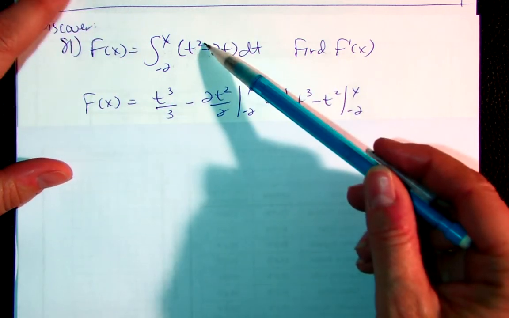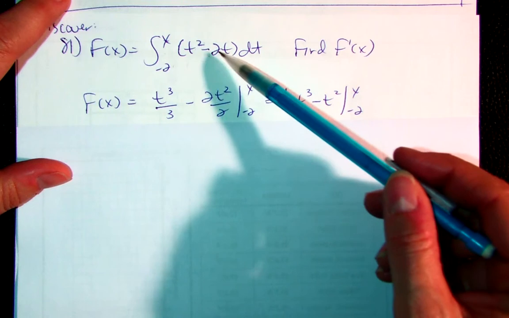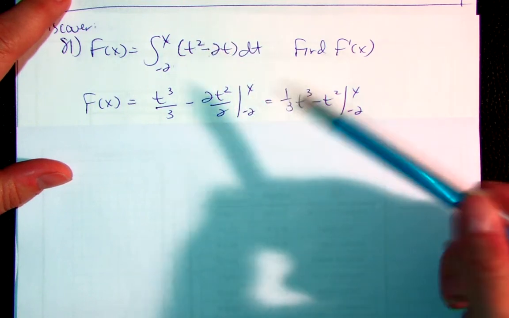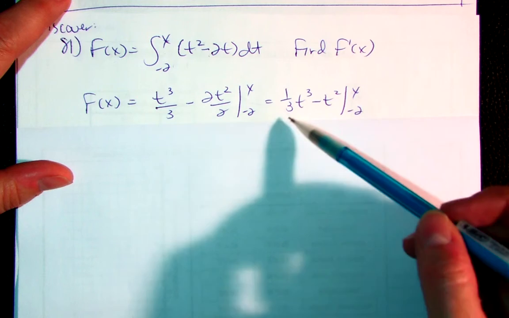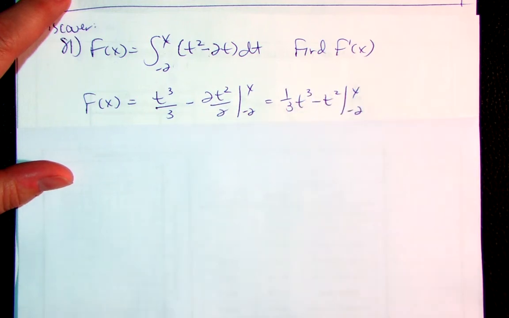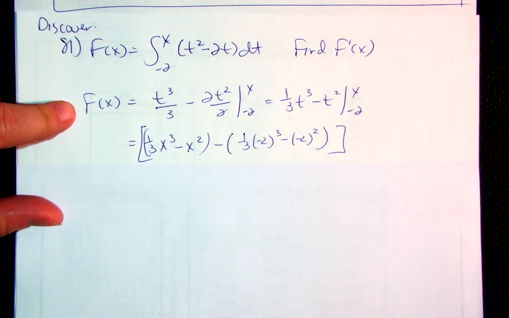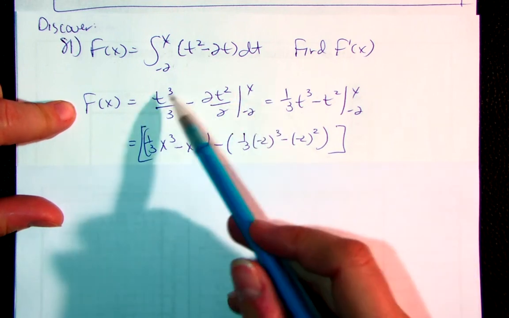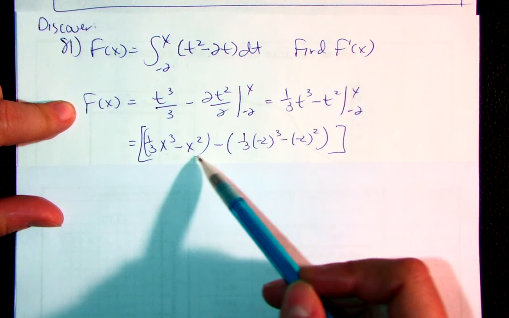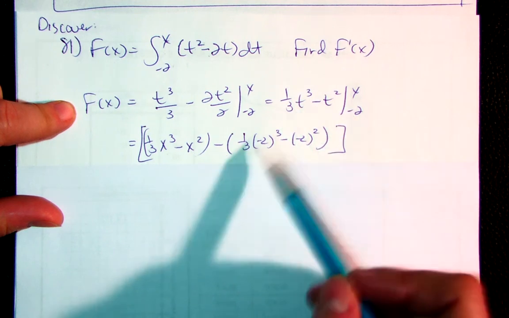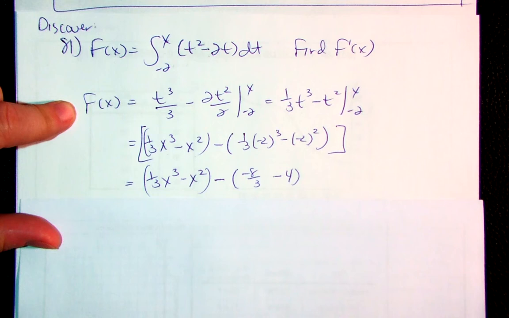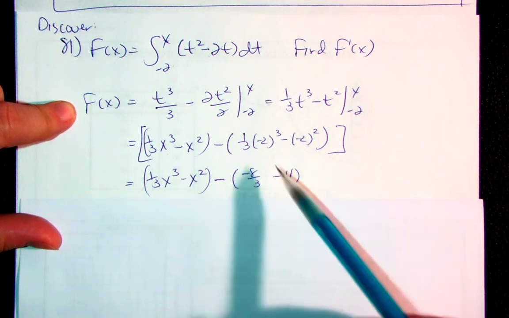I raise the power and divide by that power, minus I raise that power and divide by that power, from x to negative 2. I simplified it: 1/3 t cubed minus t squared from x to negative 2. Now I put in x here, minus, now I'm going to put in negative 2, and then I continue to clean this up, right?